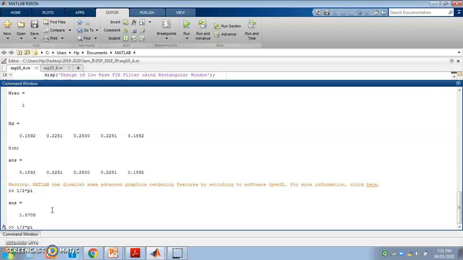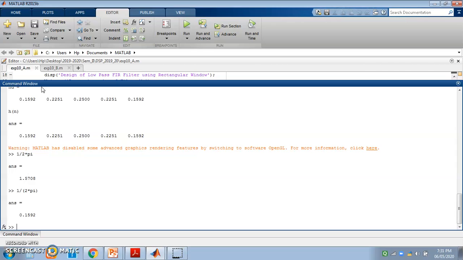If I consider 1 by 2 times pi in brackets, it is the correct value as per our expectation, and it is 0.1592. So this is HD of 0 and here it is HD of 4. This impulse response is symmetric, and we have the HD of n values over here.